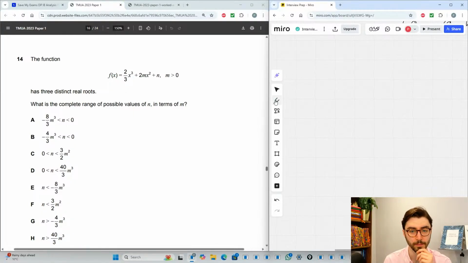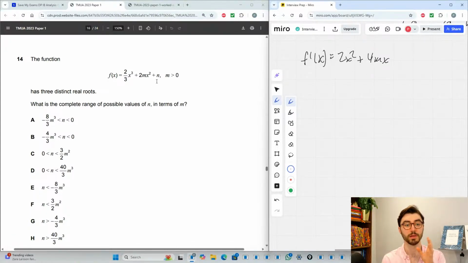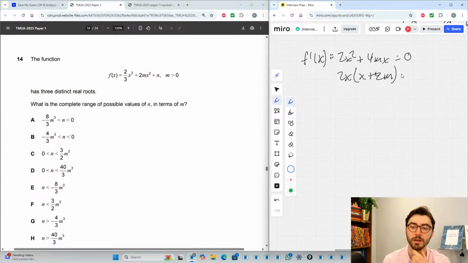So here, if I actually differentiate properly, I'm going to get 2x squared plus 4mx plus 0 is equal to 0. Haha, the plot thickens. So 2x into x plus 2m equals 0.